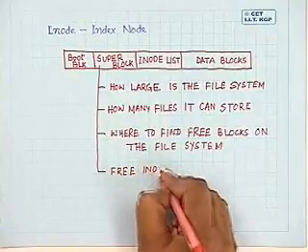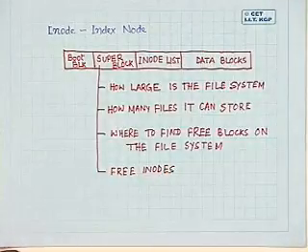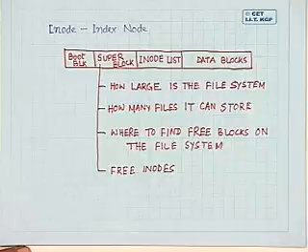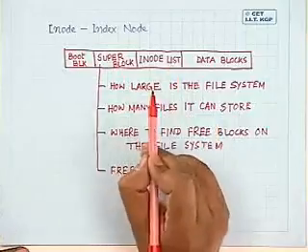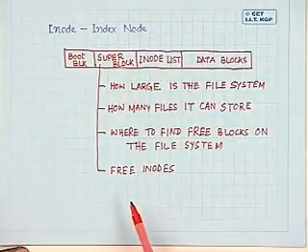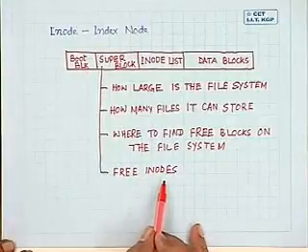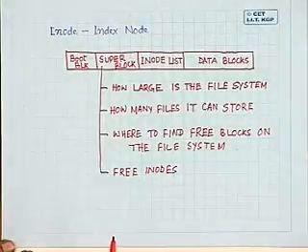Because I said that for every file or every directory, we have to have a particular inode. So whenever we want to create a new file or a new directory, out of the inodes which are free in the inode list, one has to be allocated to the file or to the directory. So the super block also contains information about what the free inodes on the inode list are.